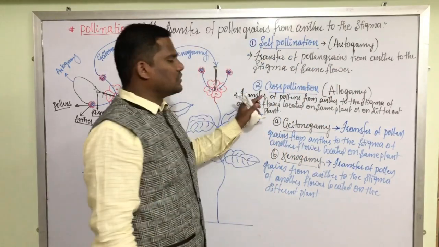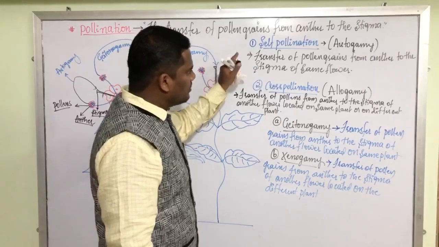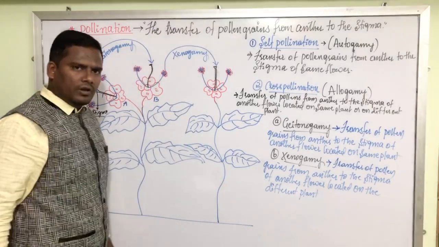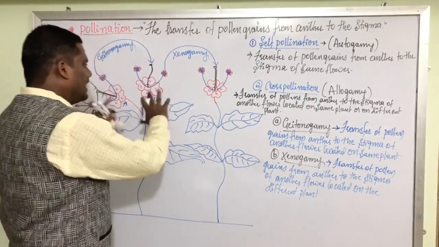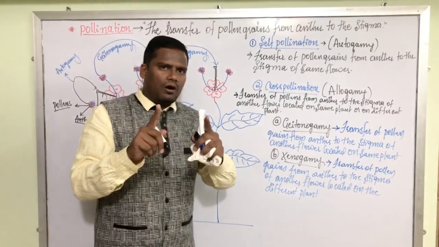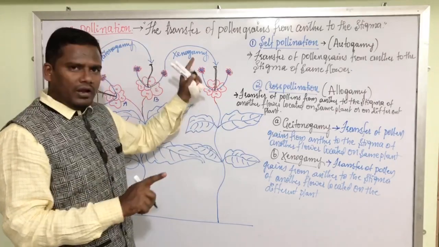It is called cross-pollination. We have seen the definition of self-pollination, cross-pollination, and types of cross-pollination with the help of diagram. I hope you people have got an idea about the pollination process.